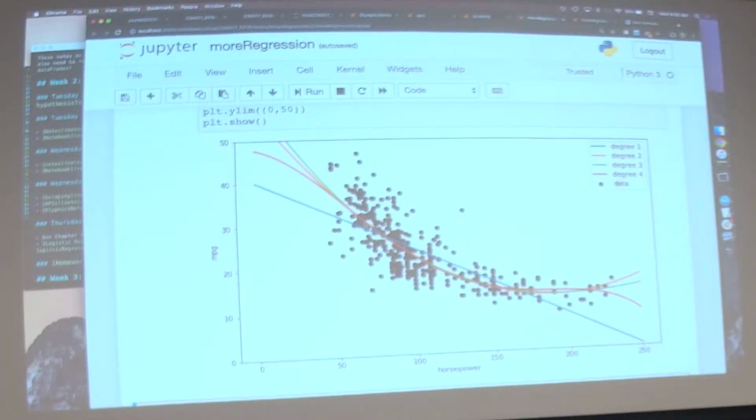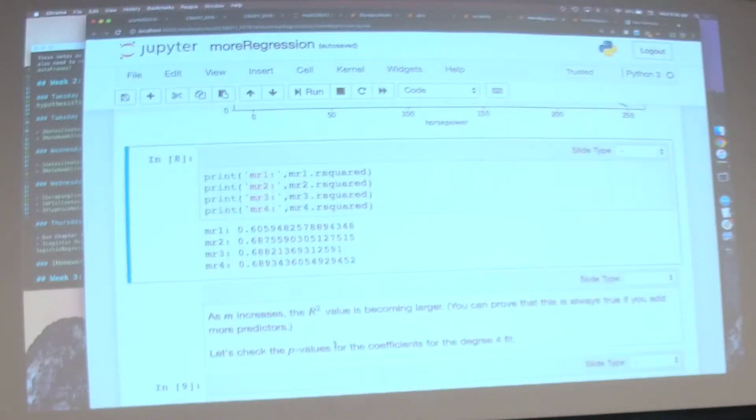Through the heart of our data, adding more terms doesn't change stuff much. So we look at the R-squared value for these. We see that, yes, when we add more terms, we increase our R-squared value. But there's a pretty big jump from 1 to 2, and then a much smaller jump for the next ones, right? So the amount extra of variation we're explaining in our data decreases pretty rapidly.